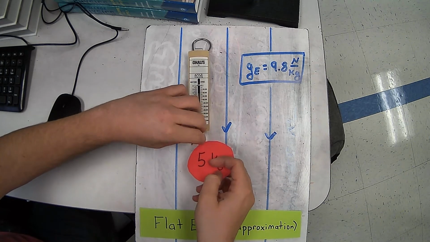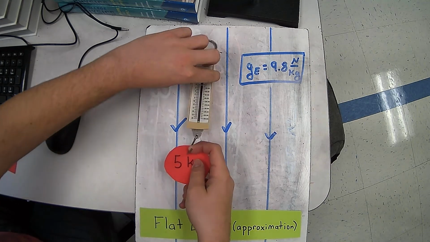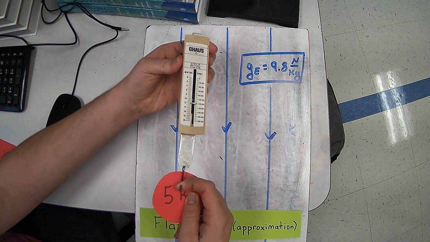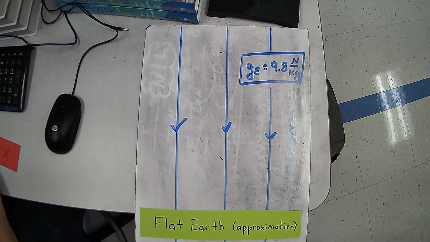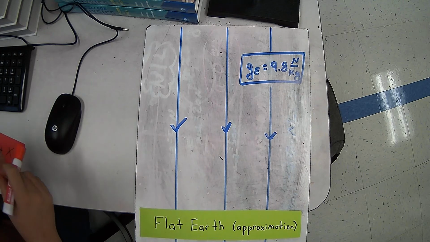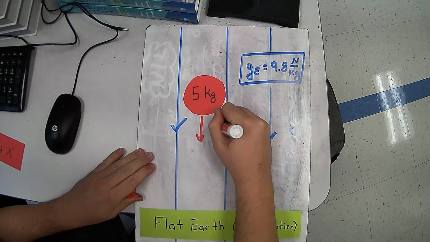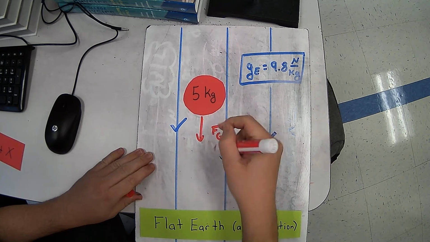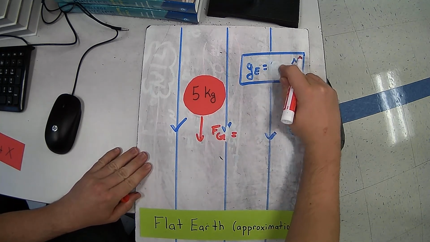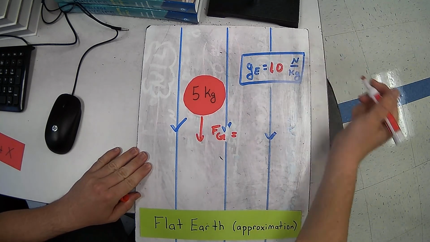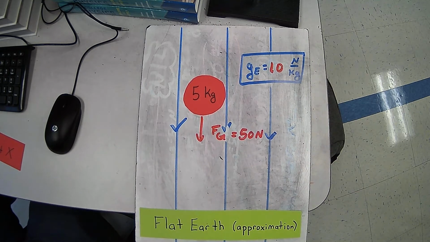And if we place this 5 kilogram object on this spring scale and we measure however much force it gets pulled down by this gravitational field, well, then we'll end up with the gravitational force on this 5 kilogram object. We would measure, let's call g 10 for simplicity, the gravitational force would be 50 newtons of force that we would measure.